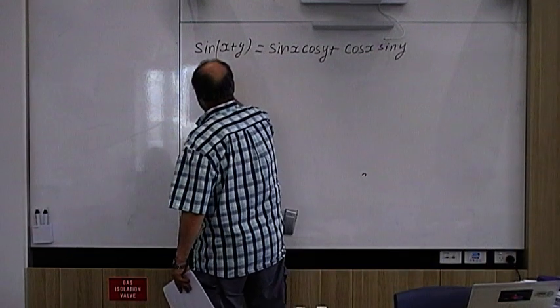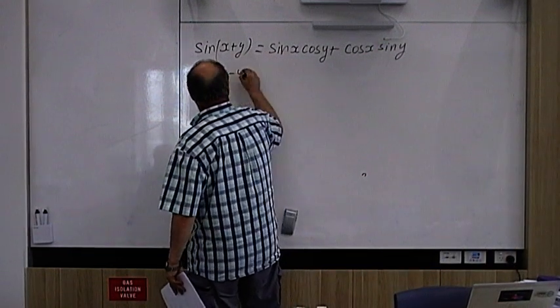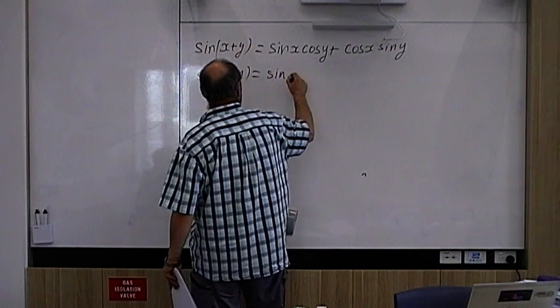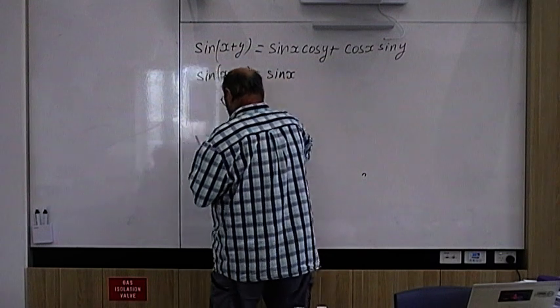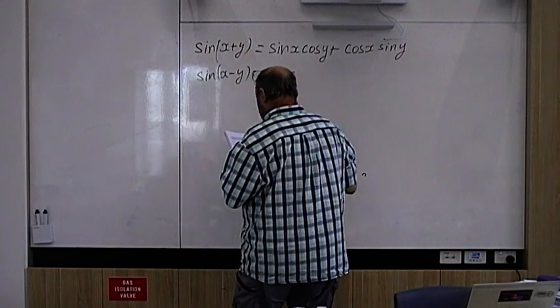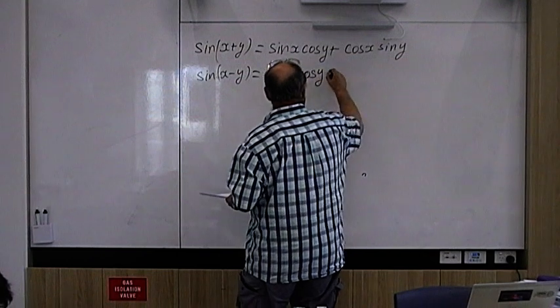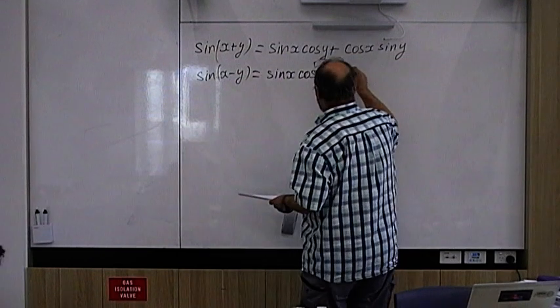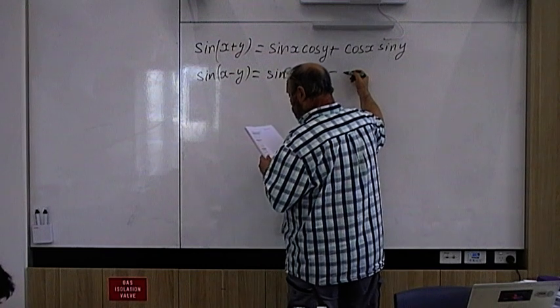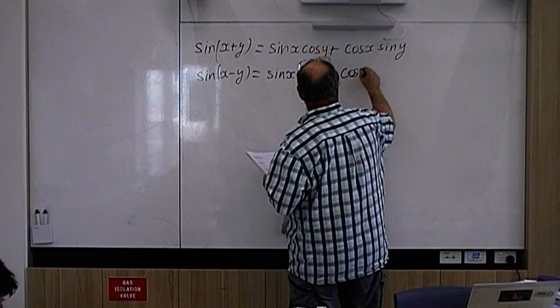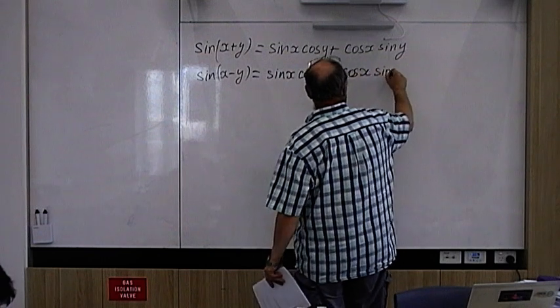Sine of x minus y will be equal to sine x cos y minus cos x sine y.